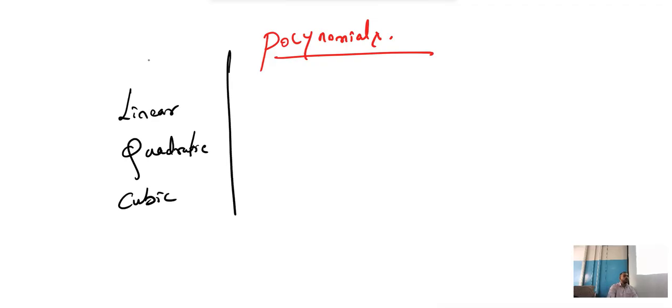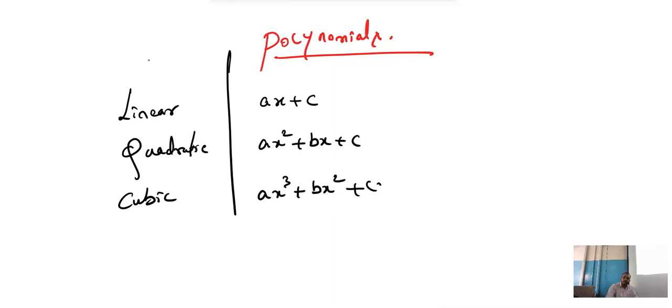They may ask you to write the standard form. Please do remember. So, write the standard form of a linear polynomial. Make a note. The standard form of a linear polynomial is ax plus c. Quadratic: ax square plus bx plus c. Cubic: ax cube plus bx square plus cx plus d.